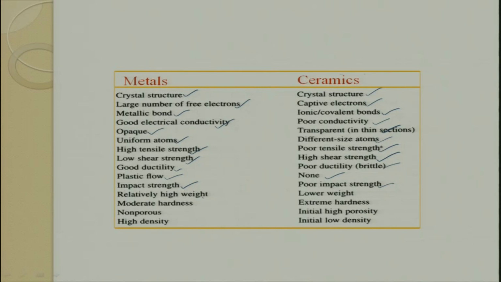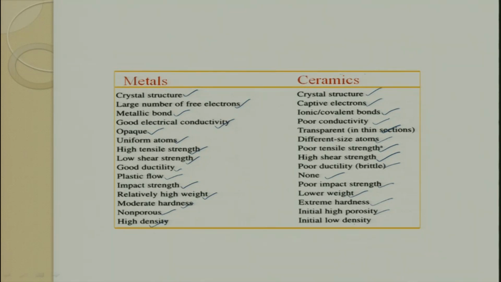Metals are relatively heavy, they have a higher density, here it is low weight or low density. Hardness is moderate in metals, hardness is extremely high in ceramics. So, predominantly if you look at ceramics, extremely high hardness, poor ductility, poor tensile strength. Metals are non-porous, here you can also have porosity in ceramics.